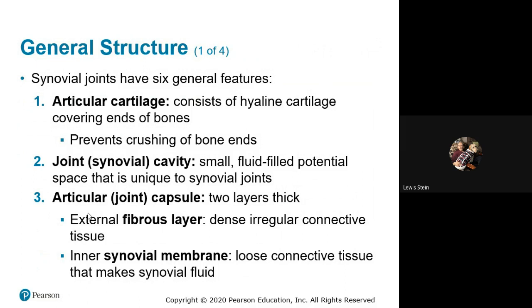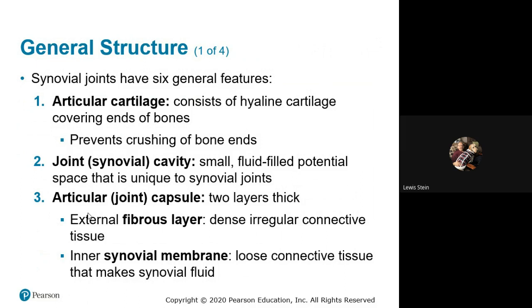So what do we have? We have dense, irregular connective tissue. That's what capsules are made of. They're quite thick. So if you drew it, it would be this kind of thick. The interior lining is simple squamous, and what it does is secrete the fluid.